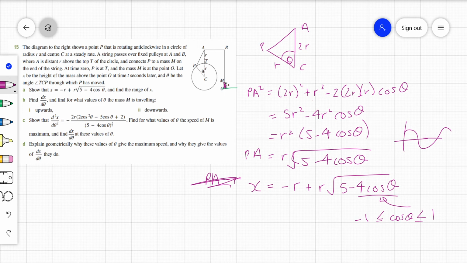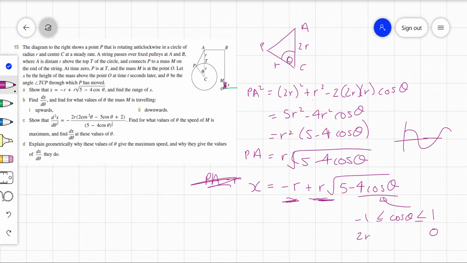Square root of 1 is 1. 1 times R is R. So you end up with minus R plus R, which is 0. If I put -1 in there, I'm getting 5 minus minus 4, so that's 9. Square root of 9 is 3. And then we've got 3 R's minus an R, so we'll get 2R when we sub in cos theta equals -1.